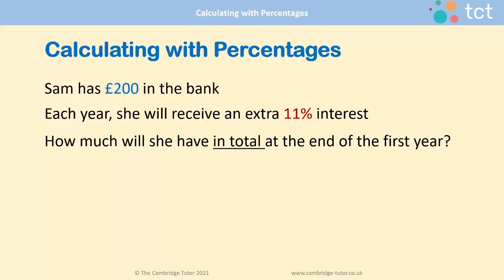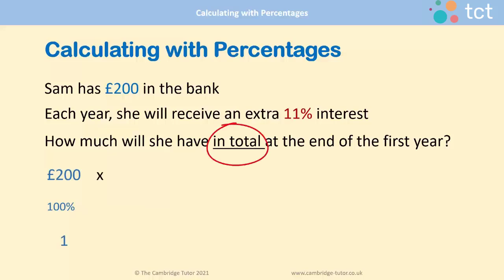If Sam has £200 in the bank and each year she receives an extra 11% interest, how much will she have in total at the end of the first year? So again, that £200 is 100% of the amount of money in the bank account. So that's one whole.